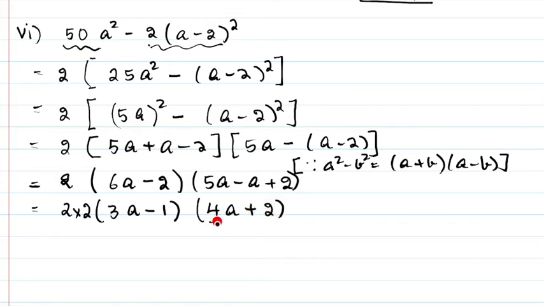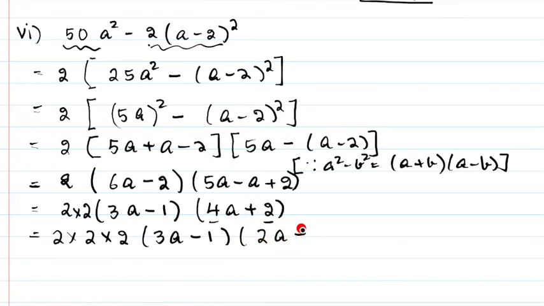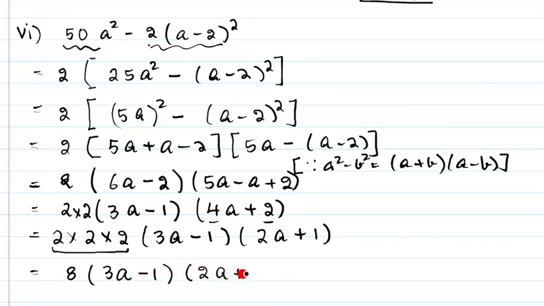Now can you see here also there is 2 as the common factor, so it will be 2 into 2 into 2, and here it will be 3a minus 1, and here it will be 2a plus 1. Now can we not multiply this? So it will be 8 into 3a minus 1 into 2a plus 1, and that is our answer 6.